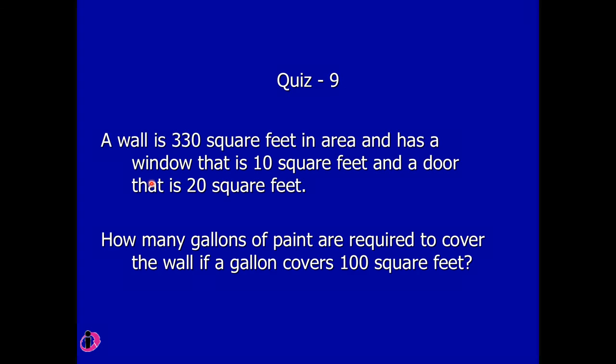Let's say we have a wall which is 330 square feet in area and has a window that is 10 square feet and a door that is 20 square feet on the wall, okay? Now, how many gallons of paint do we require to cover the wall if a gallon covers 100 square feet? Now, let's first check the wall. We have a wall here.